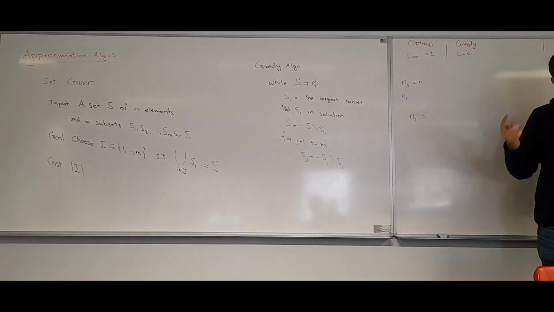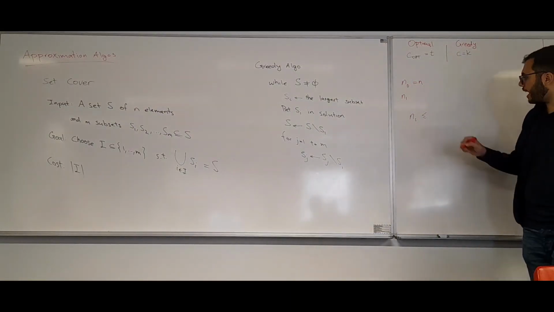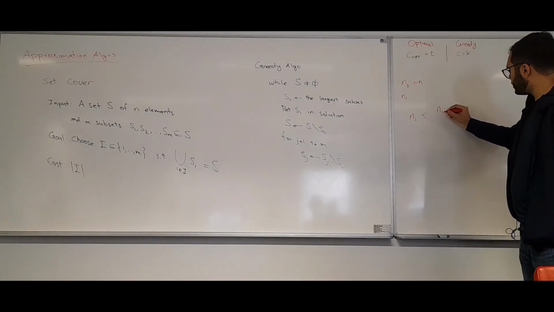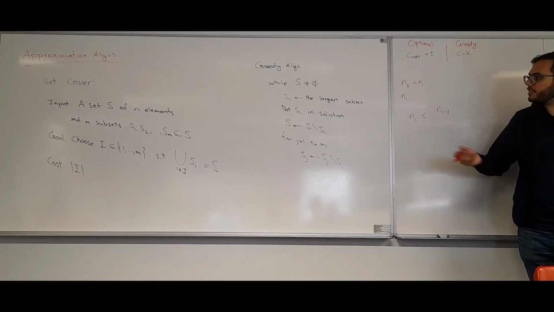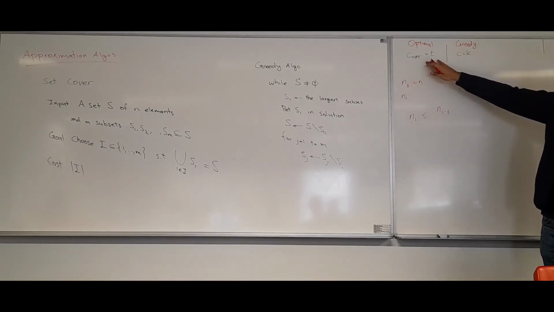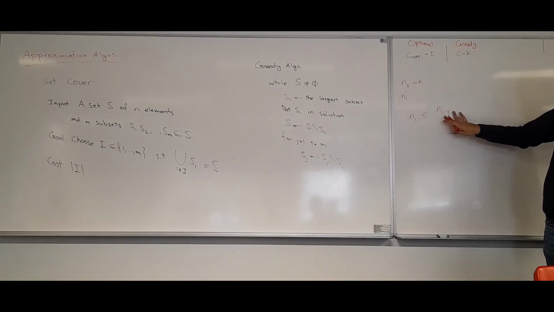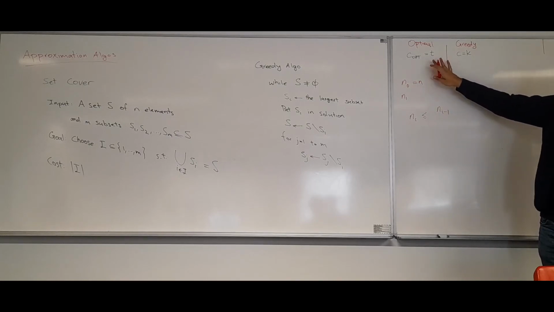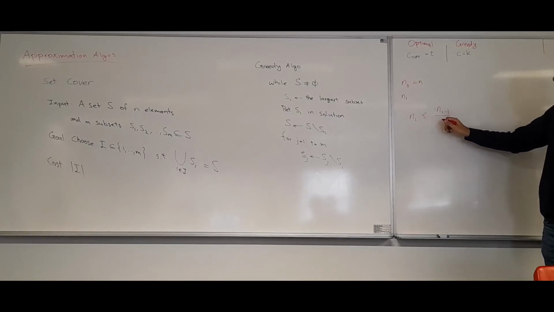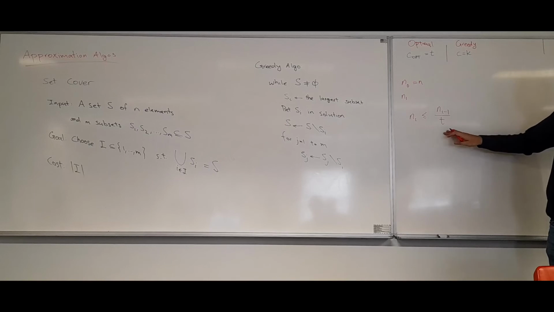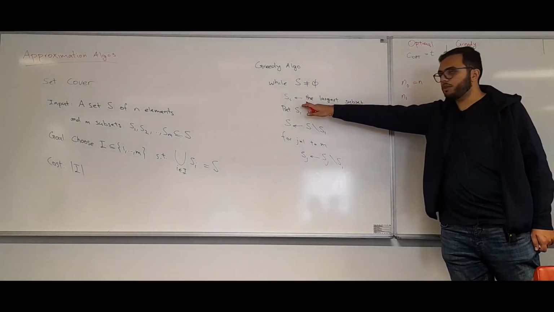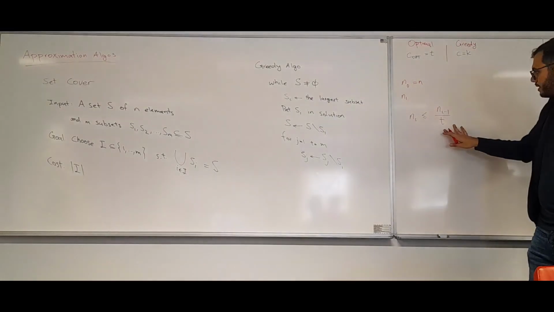So at the ith iteration, before it, I had Ni minus 1 elements, right? And I know that there was an optimal solution that covered all of these elements with at most T subsets. So there was a subset in the optimal solution that had size Ni minus 1 over T, right? So the subset that I'm removing here has at least this size.